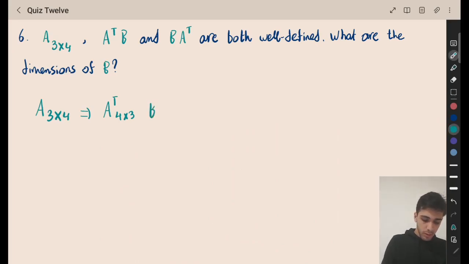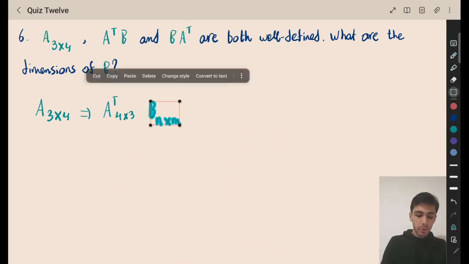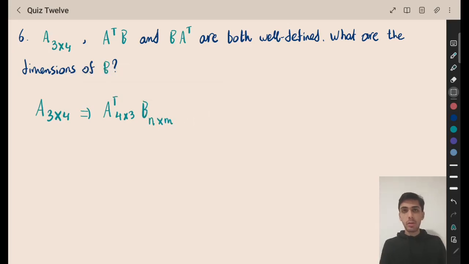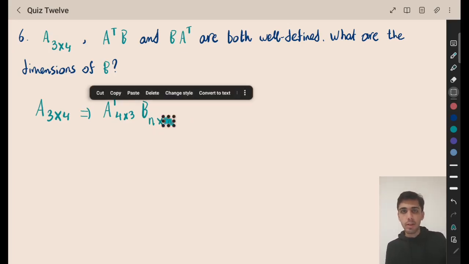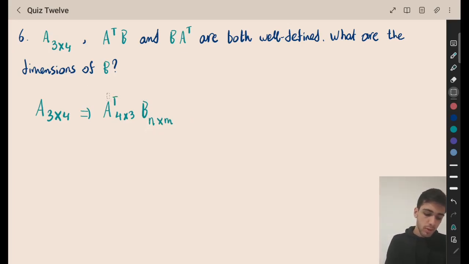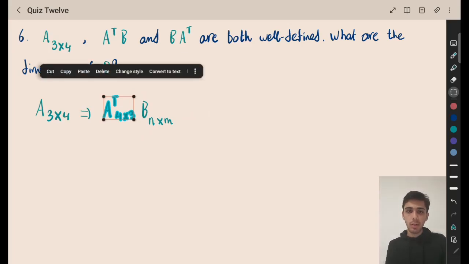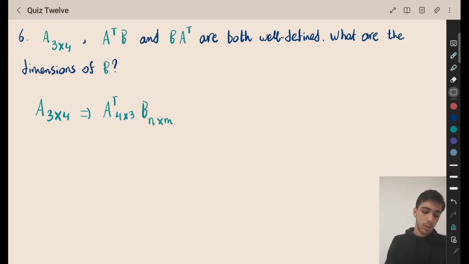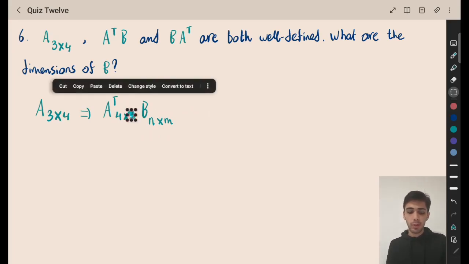And B, if B has dimensions n times m, then clearly as a linear map, it takes a vector of length n as input and outputs a vector of length m. Now, this is a composition of maps. So I apply A transpose to X, I get a 3-dimensional vector.